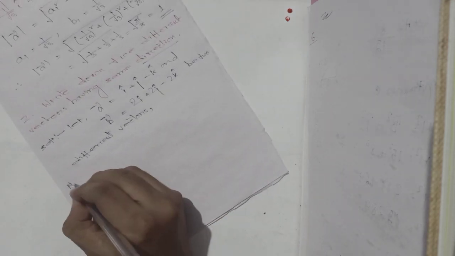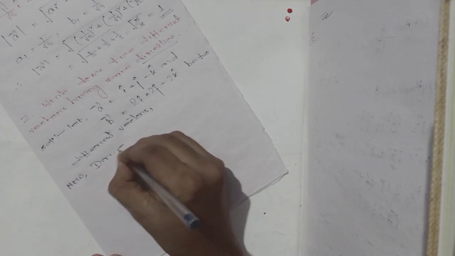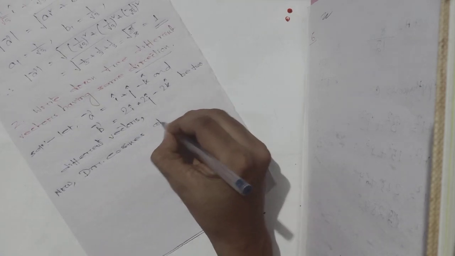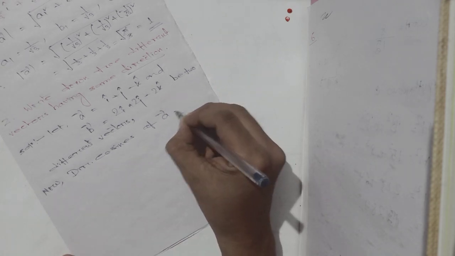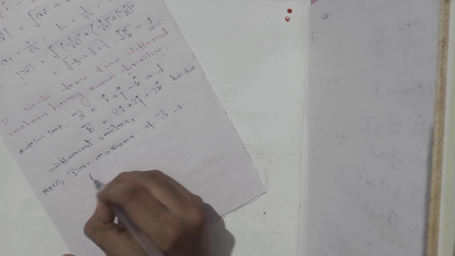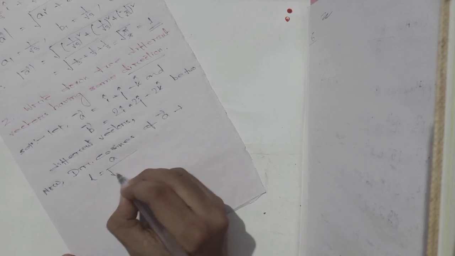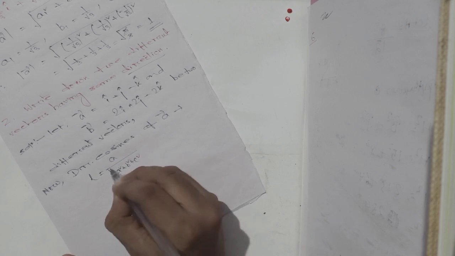Now, the direction cosines of vector A will be L equal to A1 by root over A1 square plus B1 square plus C1 square.